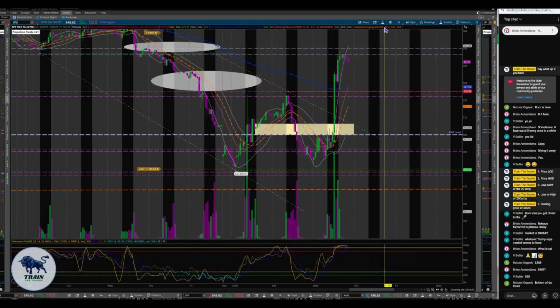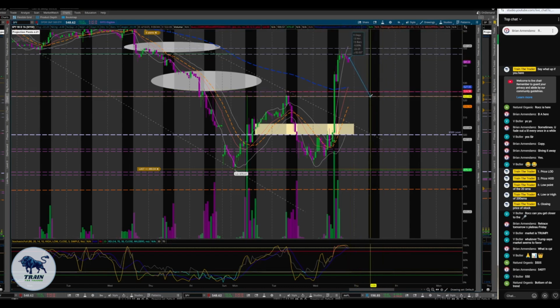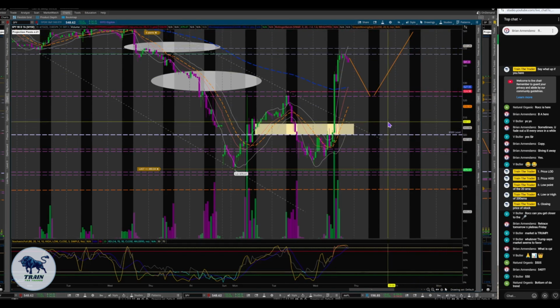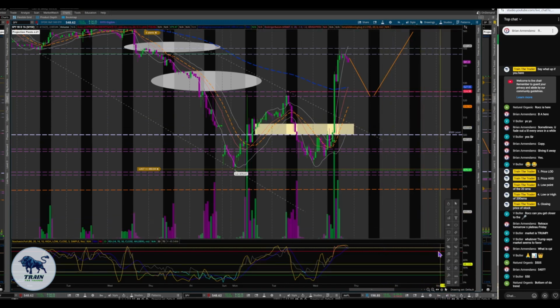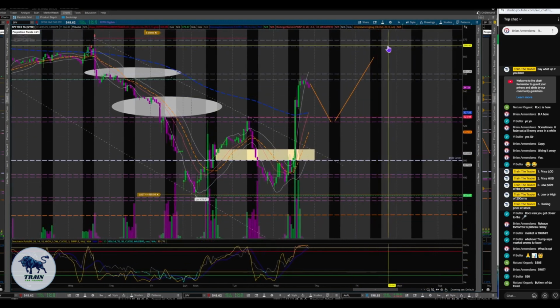I think the market is going to pull down and then take off, right into this supply zone to possibly reject like it did here. Right at the supply zone.